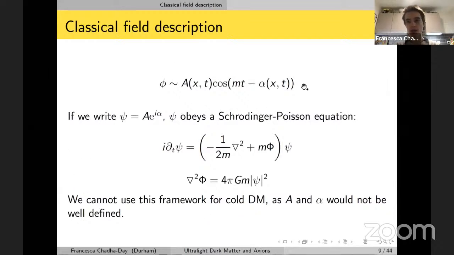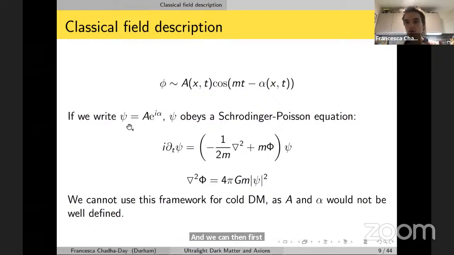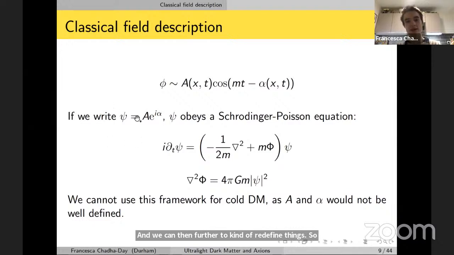We can write this classical field description typically in terms of an amplitude and a phase that evolves in time. And we can then further redefine things. So we have this psi that we make up from this amplitude and phase.